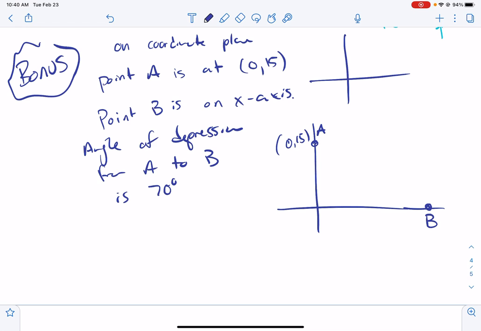Okay, what that means is if angle A was looking straight across and then it looked down to angle B, that angle that we created right here would be 70 degrees.